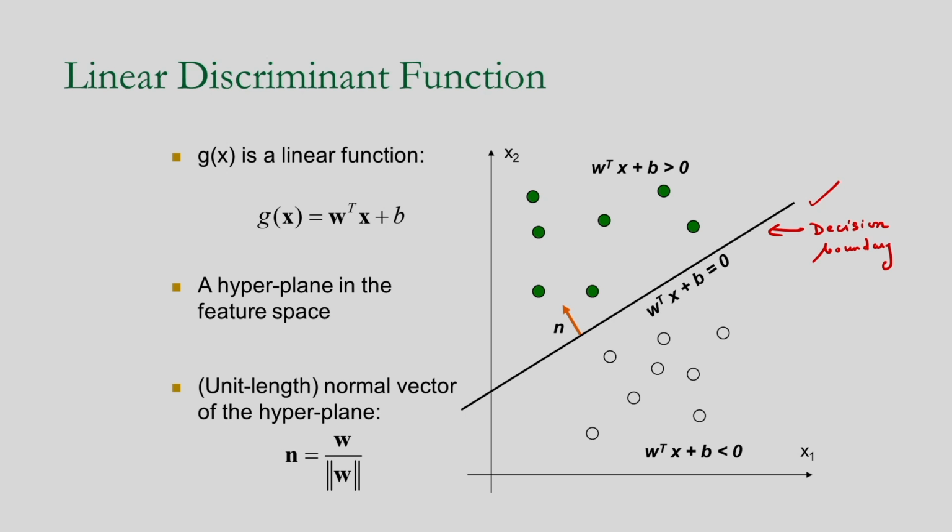So W transpose x plus b is equal to 0, that is the equation of the decision boundary. Suppose W transpose x plus b is greater than 0, that corresponds to the class W1. And if W transpose x plus b is less than 0, then we have to consider the class is W2. So these two classes I can consider, one is W1, another one is W2.